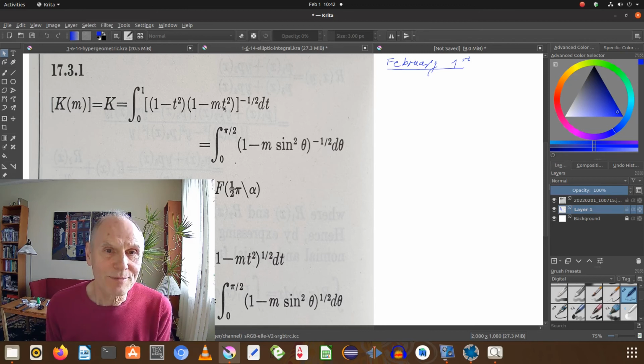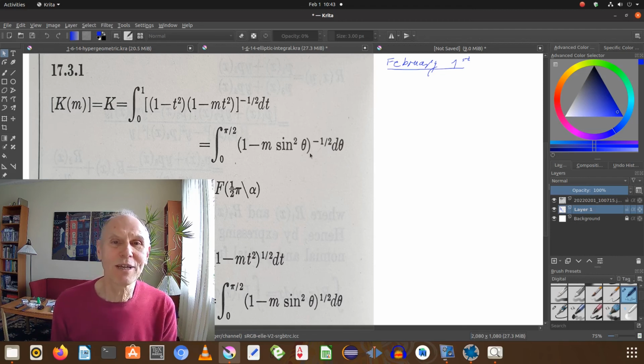And now by writing it this way and setting t equal to sine theta, we get exactly the elliptic integral. It's a simple substitution. So we should have noticed this. We should, but I don't think I did. No, I didn't. So that was very nice.